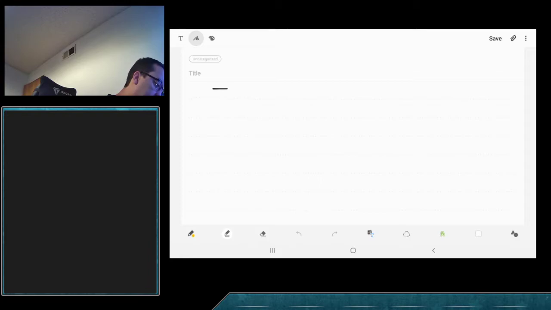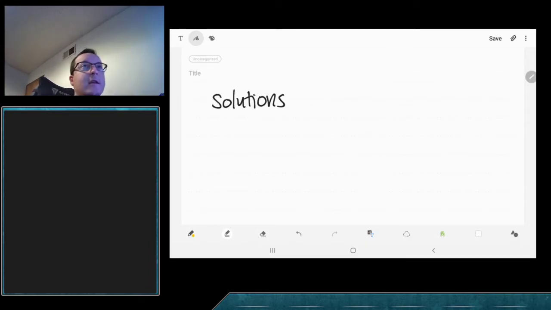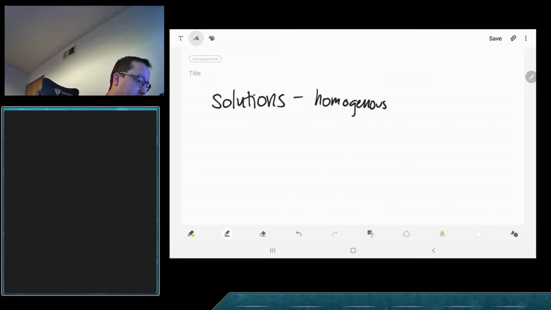Alrighty, so we're going to talk about solutions today and tomorrow, and we'll see how far we get. So solutions, first off, we should probably throw up a definition for those. Solutions are always going to be homogeneous mixtures.